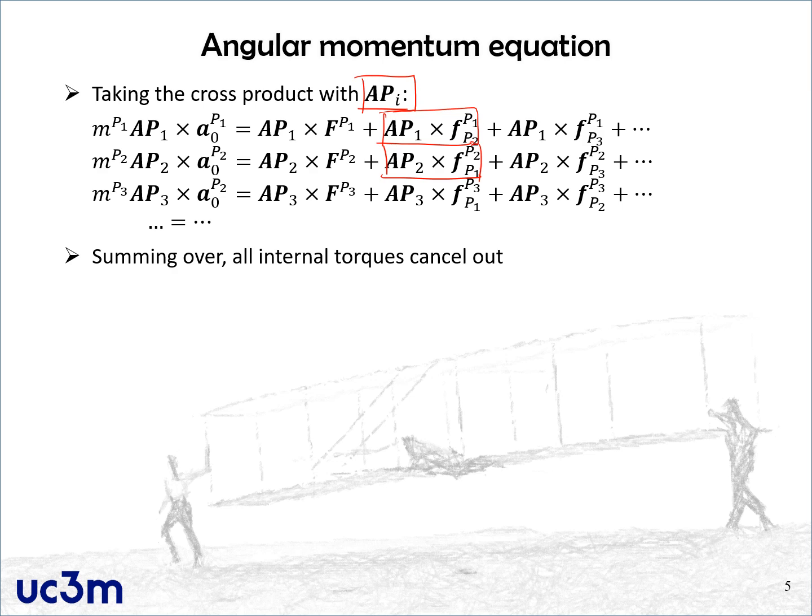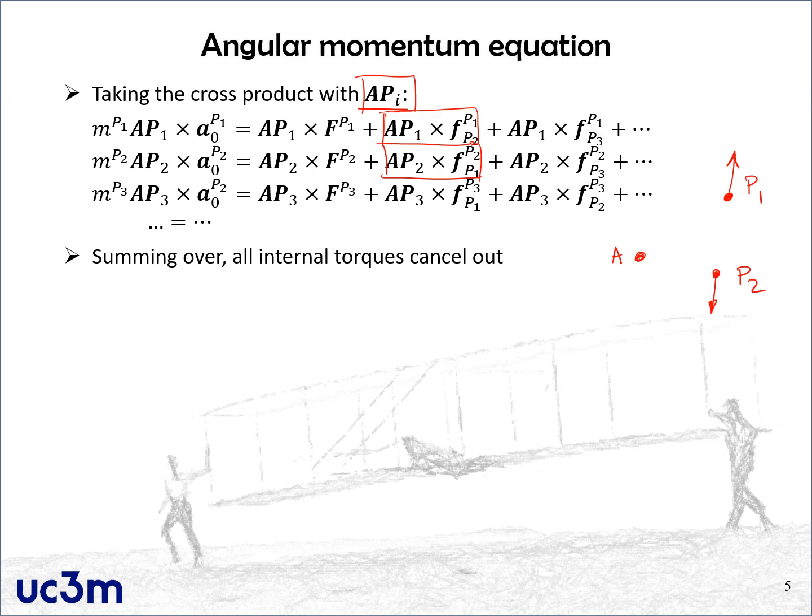You can see that if you take, for example, just two particles. Imagine that I have this is point A, this is P1 and this is P2. Imagine that P1 and P2 are repelling each other.